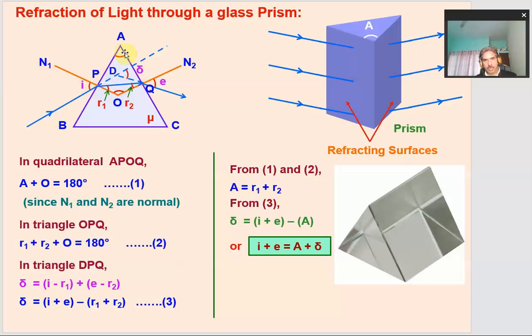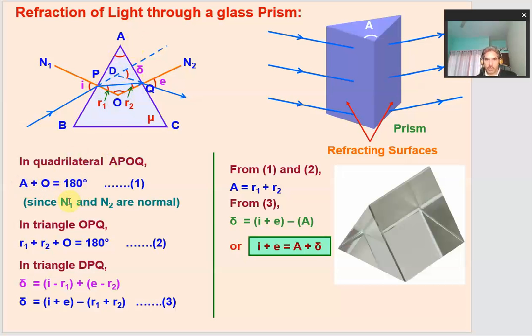That means the sum of the other two angles will also be 180 degrees, because angle P and angle Q in this quadrilateral are 90 degrees each, so their sum is 180 degrees. So in this quadrilateral A, P, O, Q, angle A and angle O together are 180 degrees. This is equation 1.